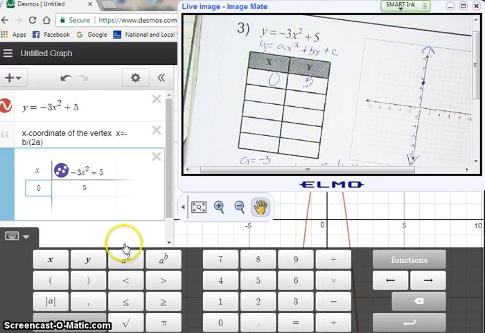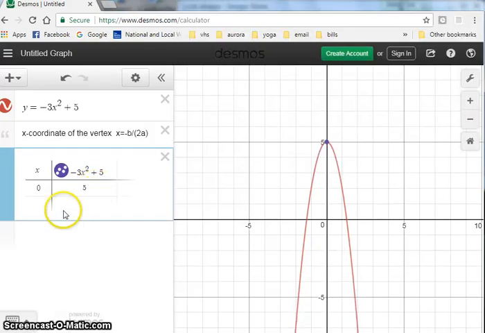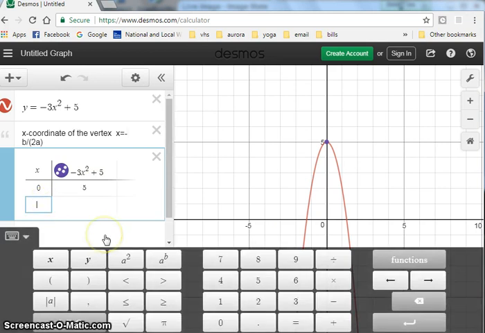Now I'm going to go back to my table and plug in another x. I want to pick a number close to 0. Let's pick 1. It says if I plug in x equals 1, y equals 2. That point is 1 away from the axis of symmetry.